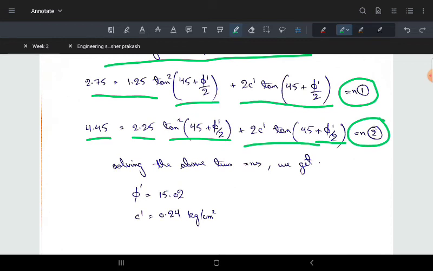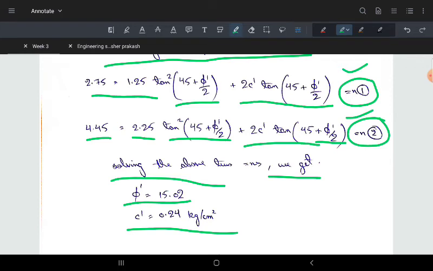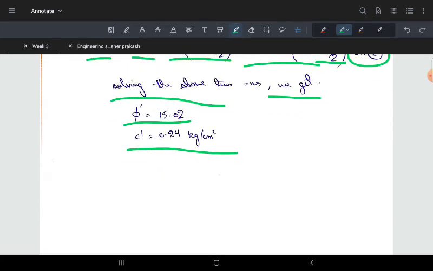So when we solve these two equations, we get phi dash and c dash. Two equations are given and there are two variables, we can solve that easily. So that was the last question in this lecture.